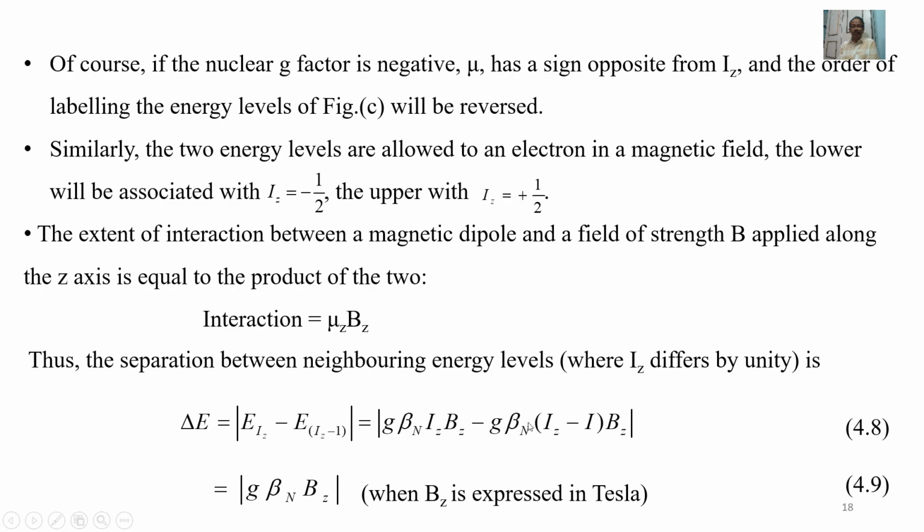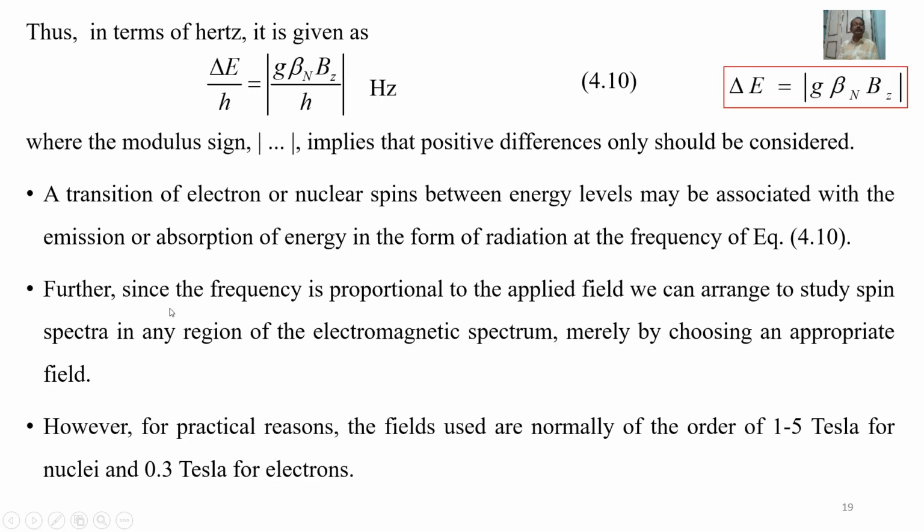Multiplying this by Iz and this by -1, that becomes +1, and the first term and second term get cancelled. The remaining term will be G beta n Bz, where B is expressed in Tesla. In terms of Hertz, this is the expression, and you divide both sides by h, so that will give us the frequency in Hertz, where the modulus sign implies that positive differences only should be considered.